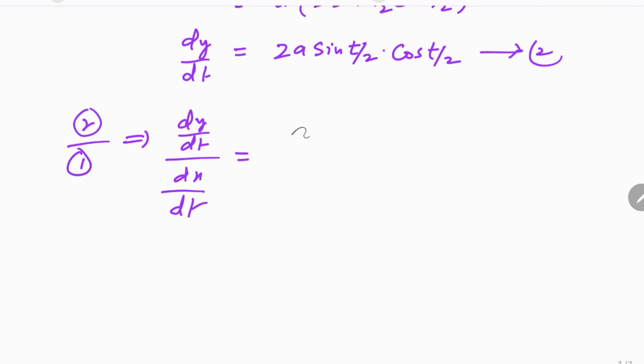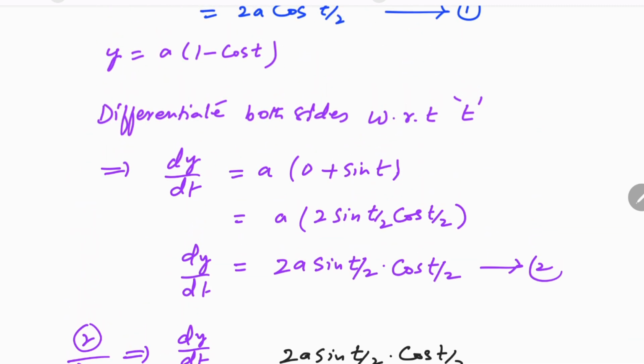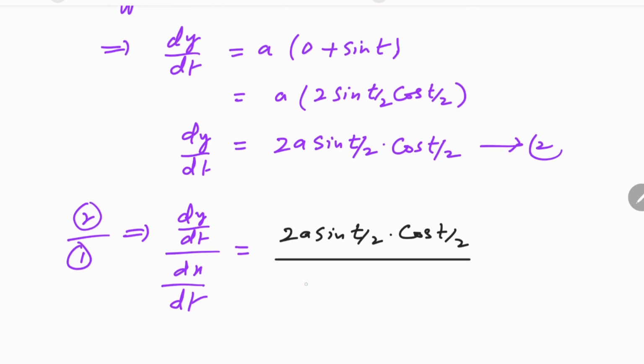We write 2a sin t/2 cos t/2 in the numerator, divided by dx/dt. The dx/dt value is 2a cos square t/2. Cos t/2 can be cancelled, 2a also can be cancelled.